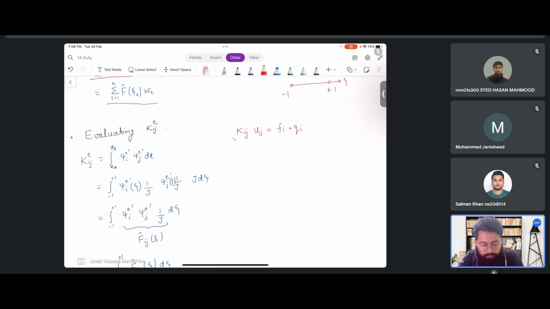These are some sorts of integral statements. Just like we're showing Kij for an element here as an integral of the derivative of shape functions at the ith and jth node.